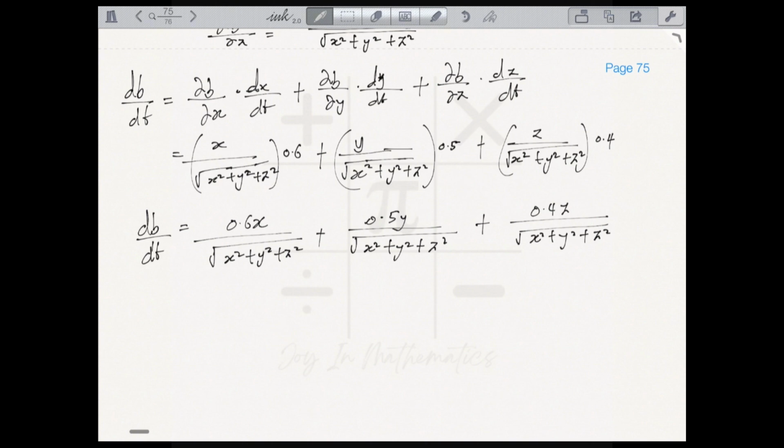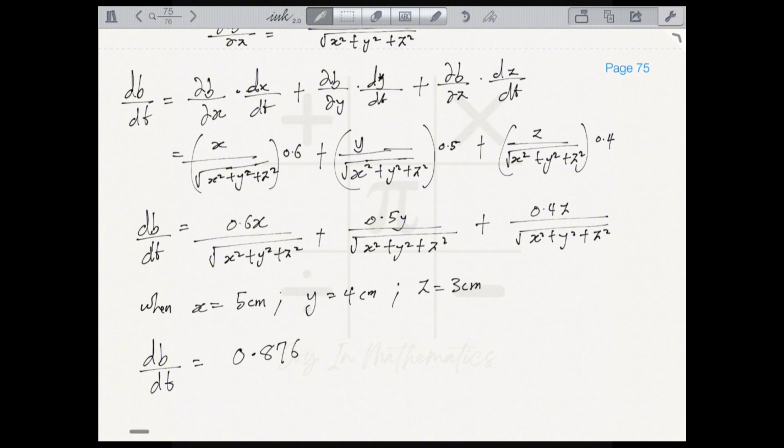We are given that x is equal to 5 centimeters, y is equal to 4 centimeters, and z is equal to 3 centimeters. After we make our substitution, we now have that dB/dt is 0.8768 centimeters per second.